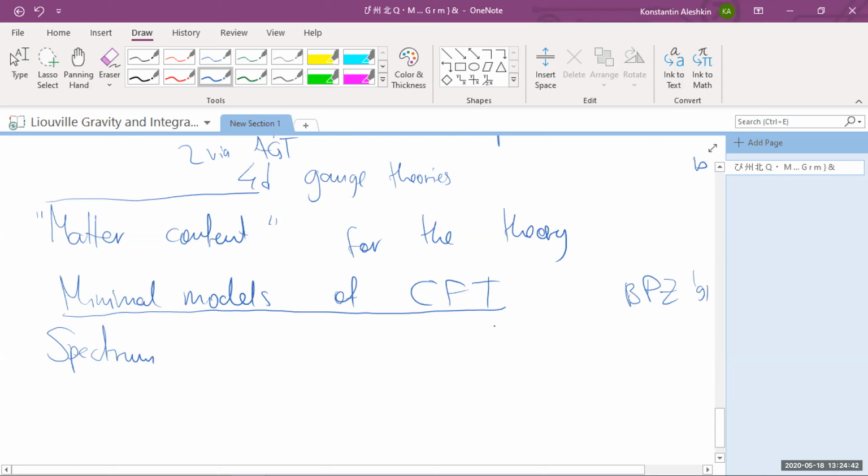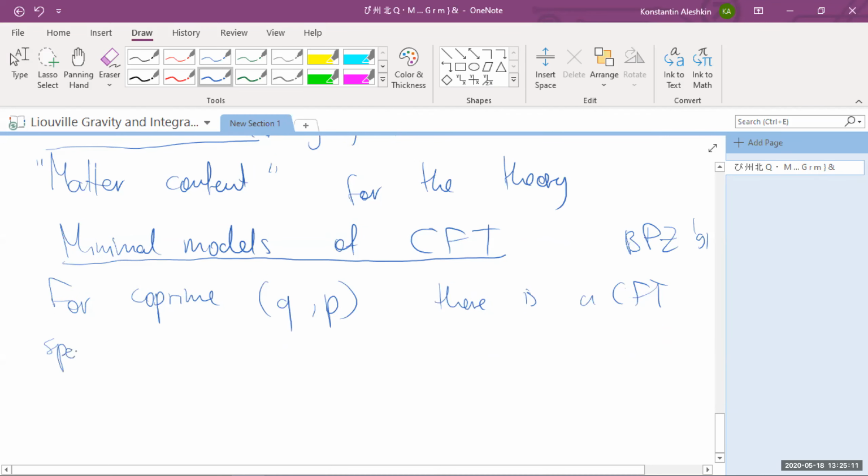So minimal models are associated with a coprime pair of numbers, Q and P: there is a CFT corresponding to each, the minimal model.